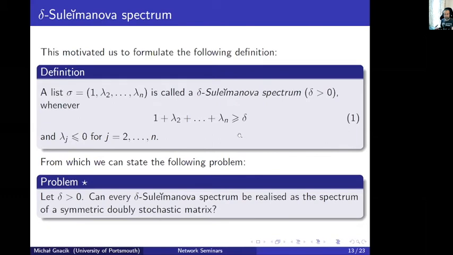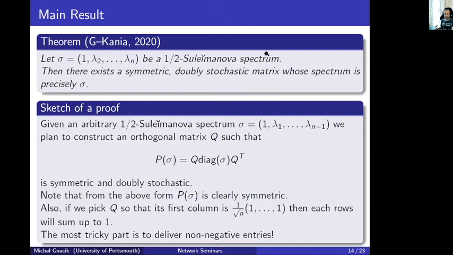So we obtained the results, fairly recently published in May in Linear Algebra and its Applications. We managed to show that a half Suleimanova spectrum will do. So if I take delta to be a half, then there exists a symmetric doubly stochastic matrix with spectrum sigma, and we gave an explicit construction of this matrix.